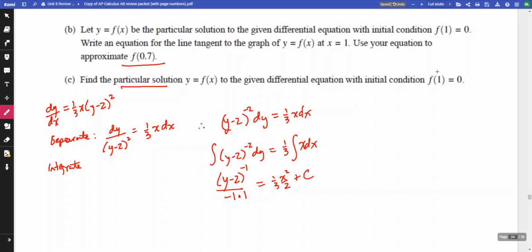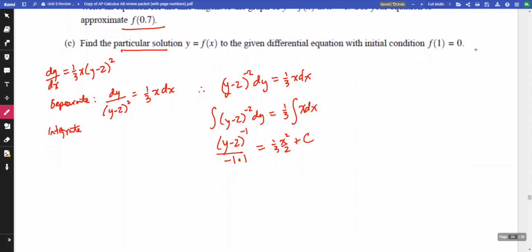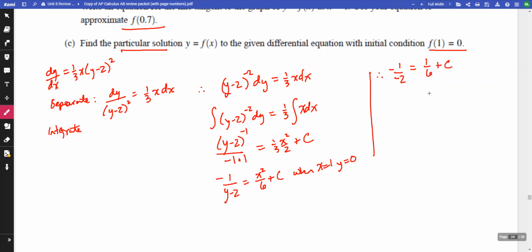Now using my initial condition (1, 0), negative 1 over (y minus 2) needs to equal x squared over 6 plus c when x equals 1 and y equals 0. So I've got negative 1 over negative 2 equals 1/6 plus c.